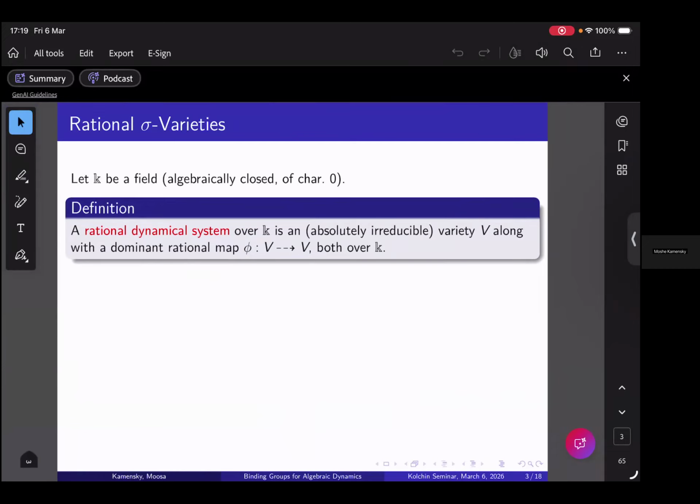So a dominant rational map from V to V, both over some field K. And my field is going to be always of characteristic zero, and for convenience also algebraically closed. The algebraically closed is not a serious issue in most of the things, but the characteristic zero is. So that's just a dynamical system, which is quite standard.